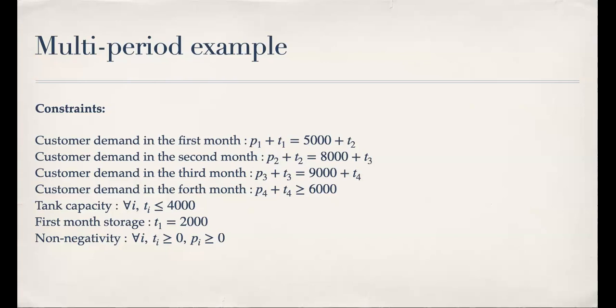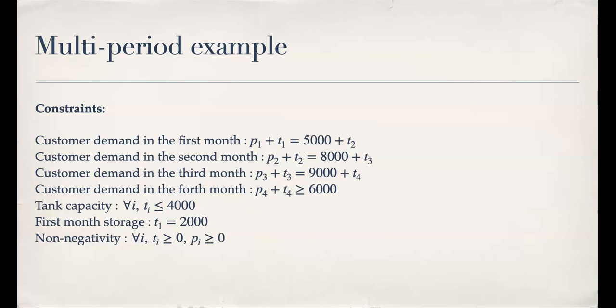Okay. We have a constraint on the tank capacity, because the storage tank can hold 4,000 liters at maximum, right? So we need Ti to be less than or equal to 4,000.